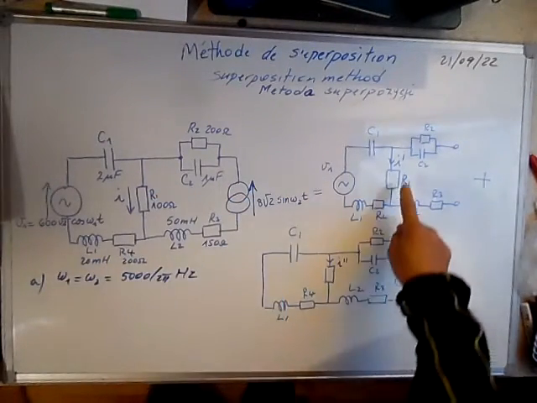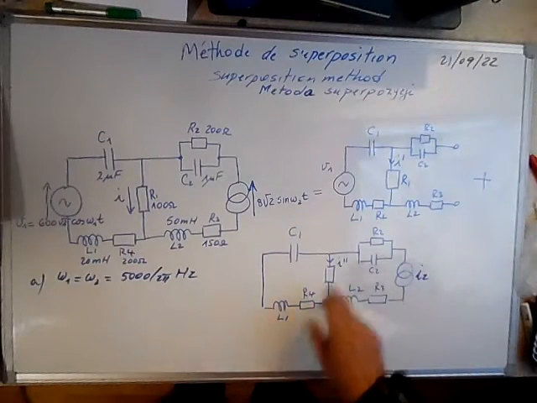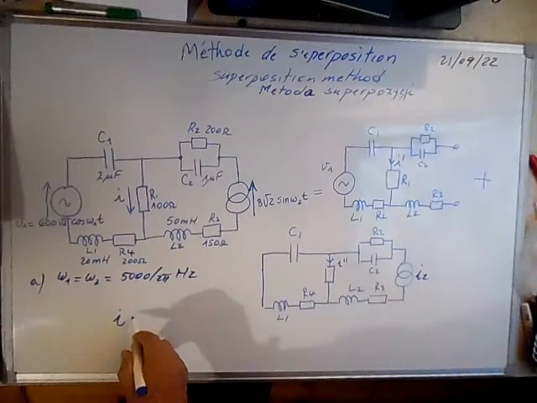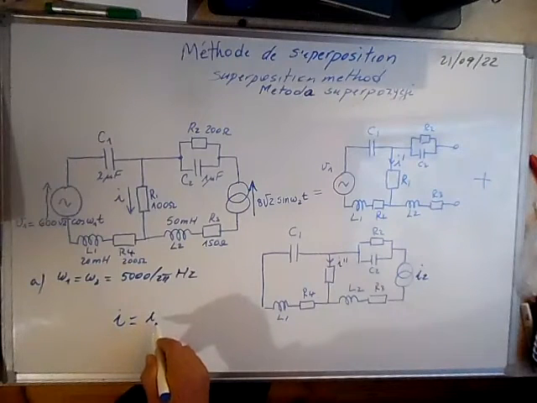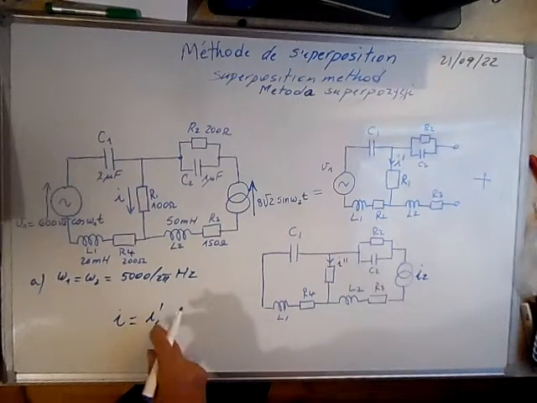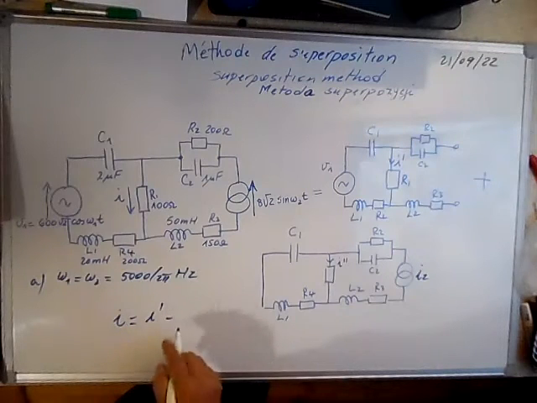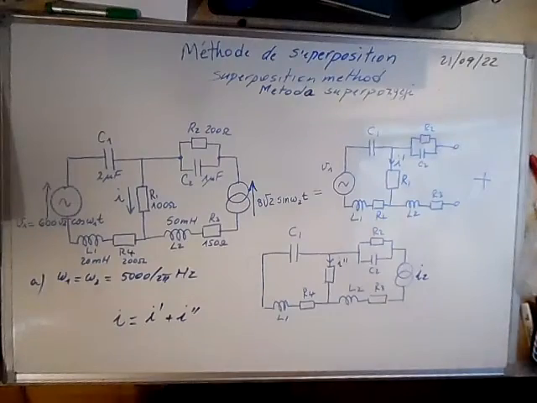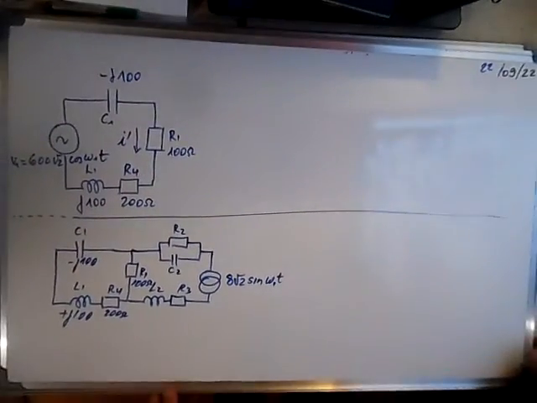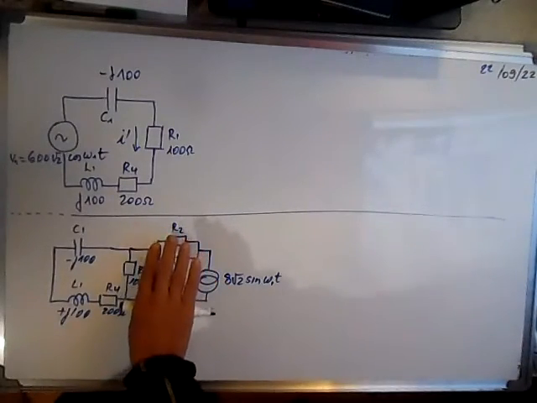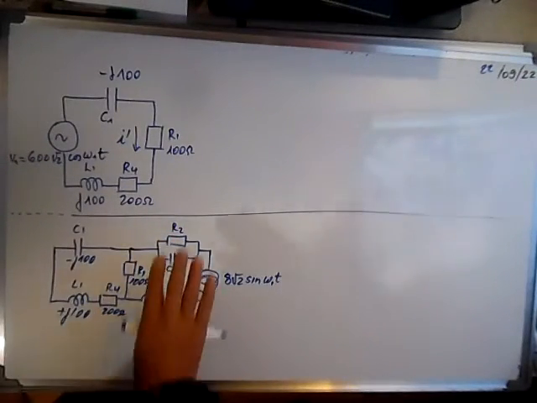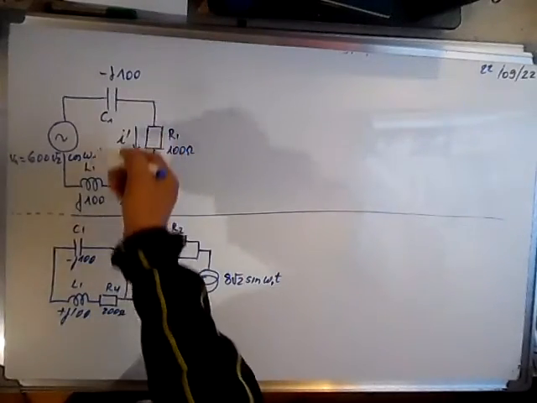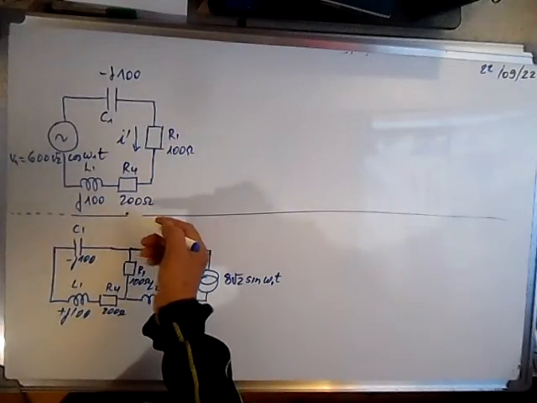Currents meaning I prime and I2 prime, and later we can calculate the total current that flows here, which is the sum of the two. Okay, let's take the first circuit. This circuit doesn't exist because the current is not flowing. Here the reactances are equal, so we have a resistive circuit.